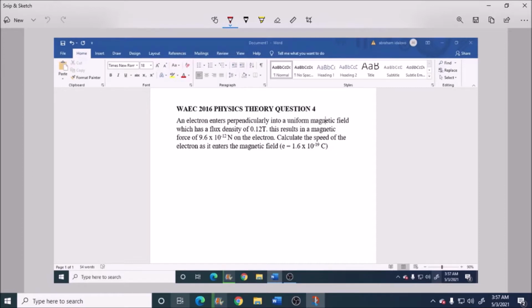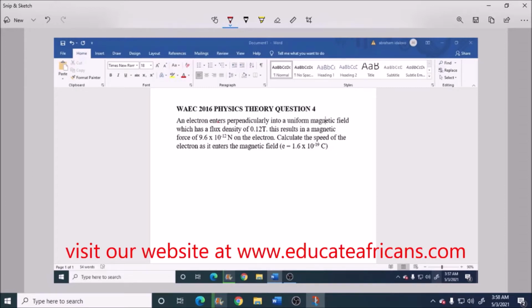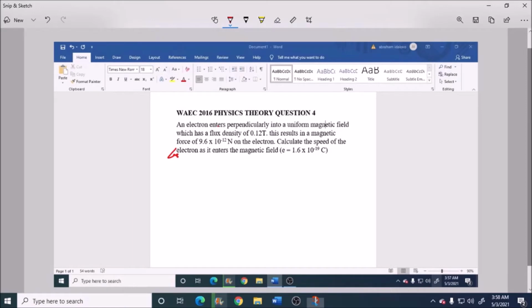All right, so given that force is equal to 9.6 times 10 raised to power minus 12 Newton, and then we have the magnetic field B is given to be 0.12 Tesla.